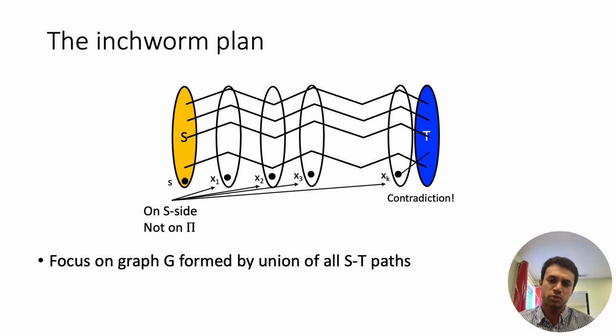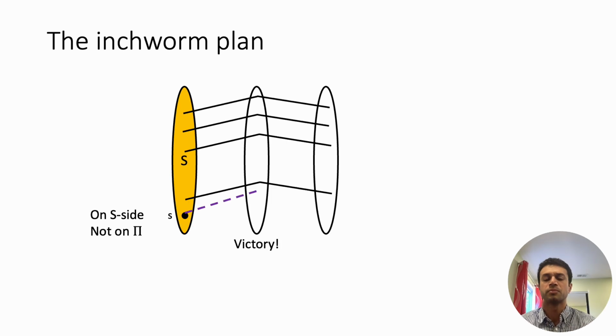Now, I'm going to give you a one-slide proof, a little summary of the idea of how you proceed one step of this argument. Remember, we have this little s, and we took this graph that consists of all these S-T paths.